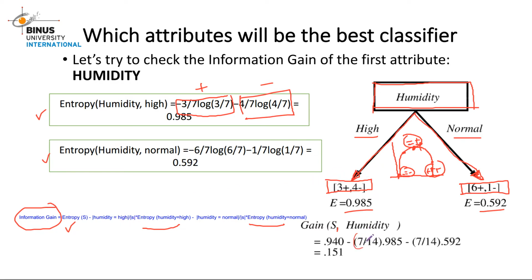Out of 14, 14 is S, multiplied by the entropy of humidity high, minus 7 out of 14, this is 7 as well, out of 14, 14 is S, and then multiplied by the entropy of humidity normal. Now we have the information gain, 0.151.